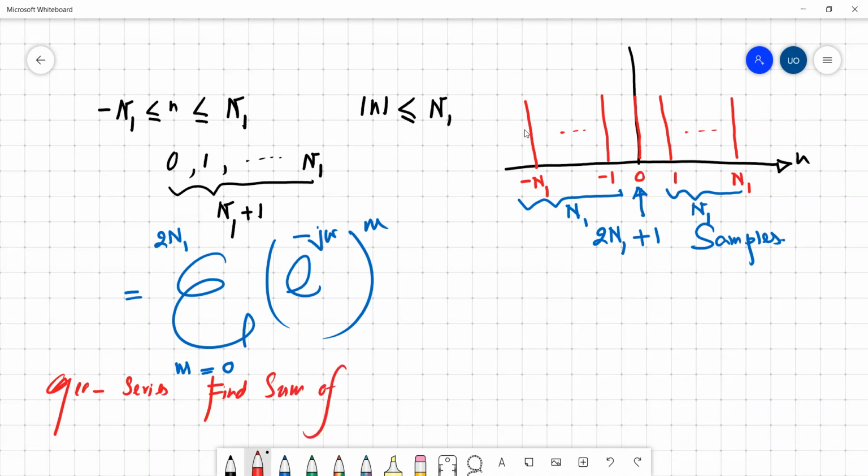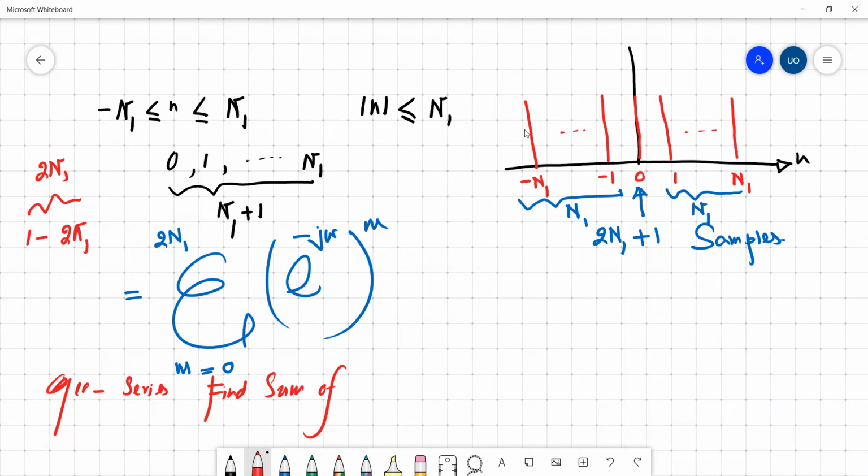This index starts from 0 and goes until 2N1. If you apply the same concept, from 1 to 2N1 we have 2N1 samples.